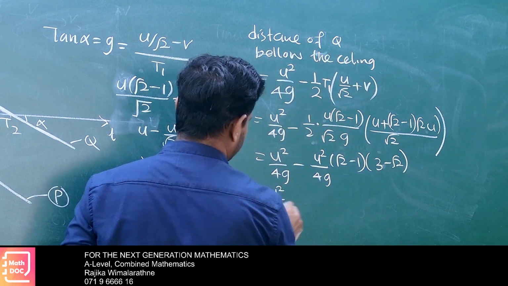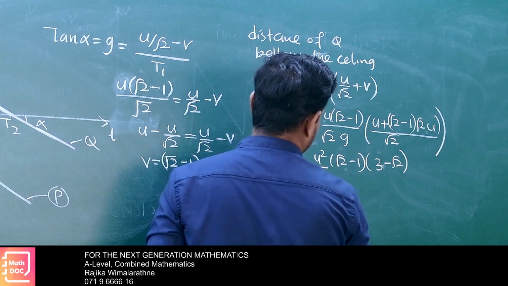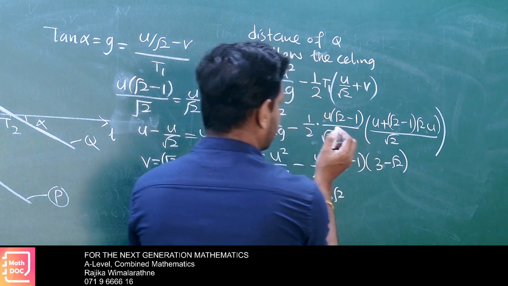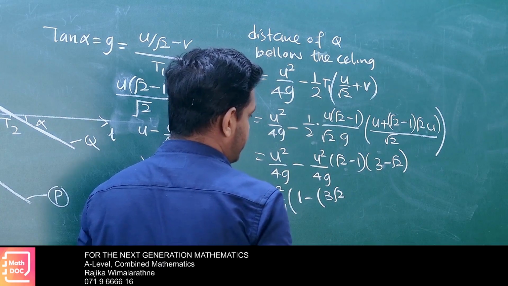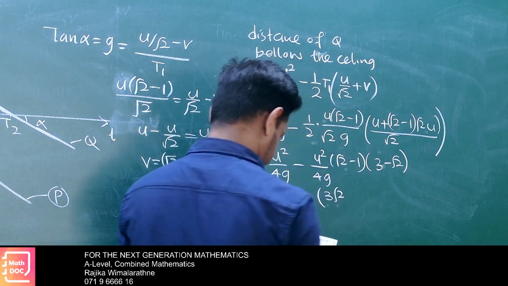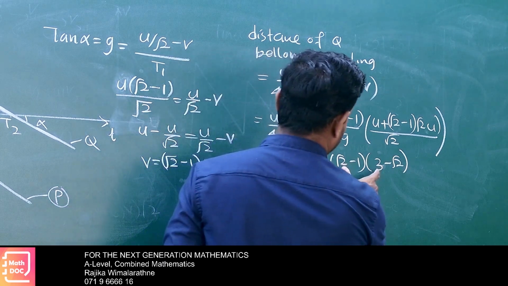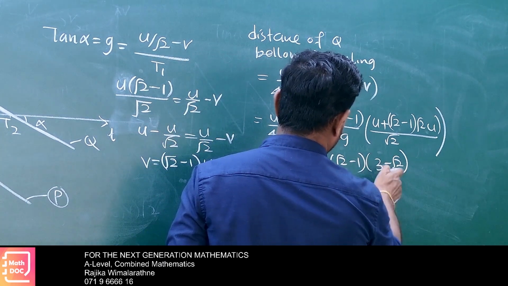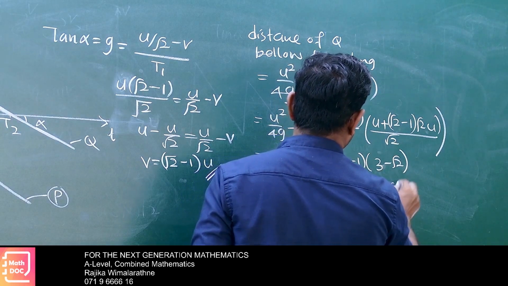Then take U squared over 4g outside, 1 minus 3 root 2 minus 2 minus 3 plus root 2.